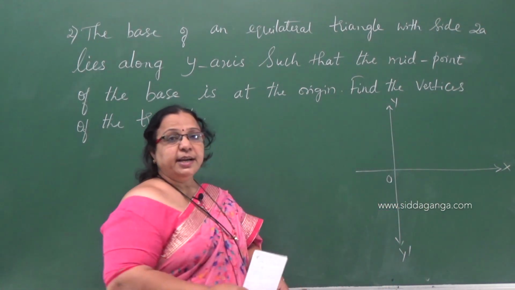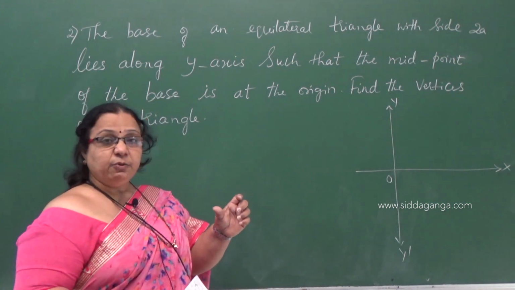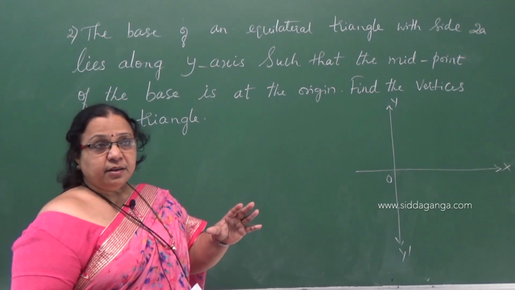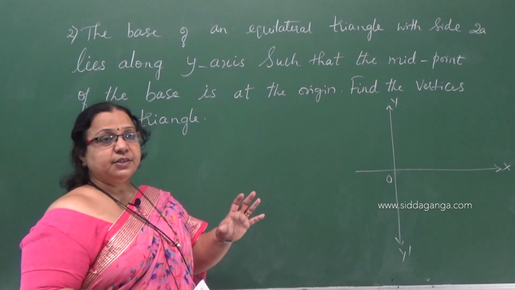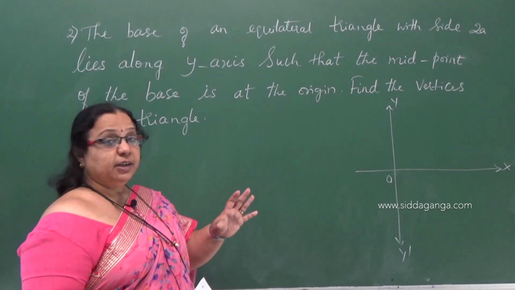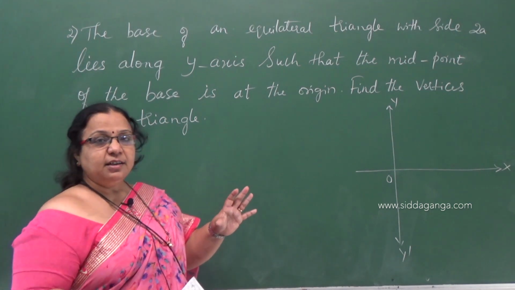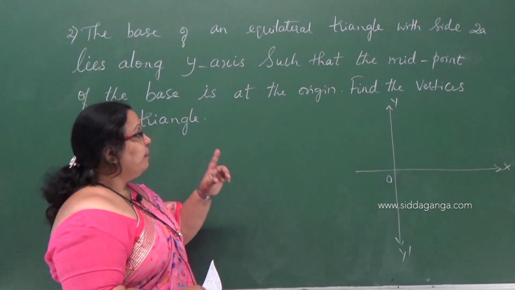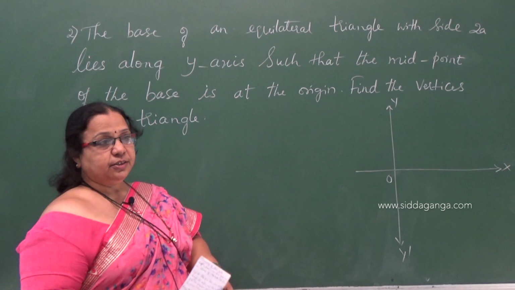The length of the side of the equilateral triangle is 2a. The base of the equilateral triangle lies on the y-axis and the midpoint of the base is at the origin.